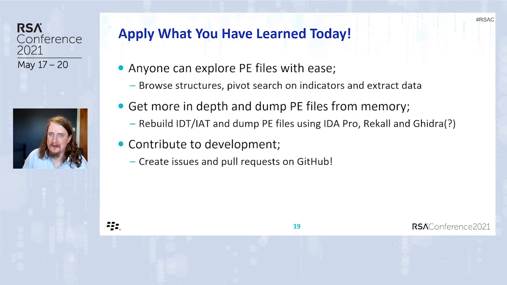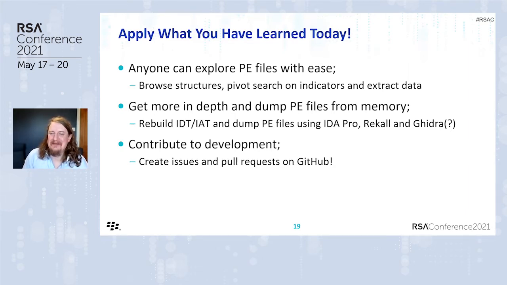I know there are a lot of good ones out there, and I never aim to replace them fully. There are certainly others I use too. For those of you that use disassemblers and debuggers day to day, I'd hope you'll be able to grab this and at least do some dumping and rebuild the IATs and IDTs and get malware back into a more analyzable form, if that's even a word.